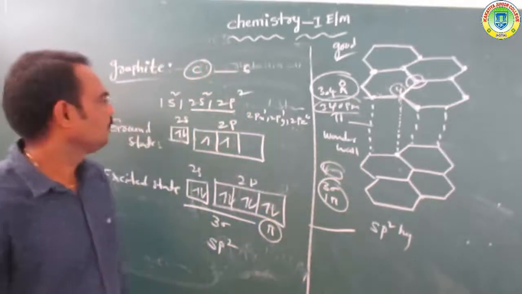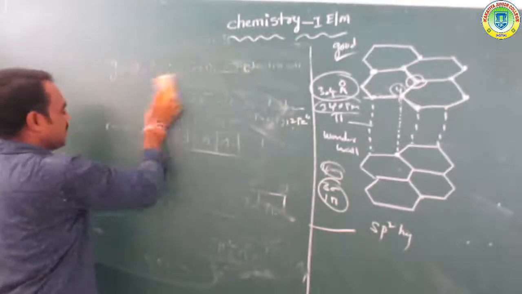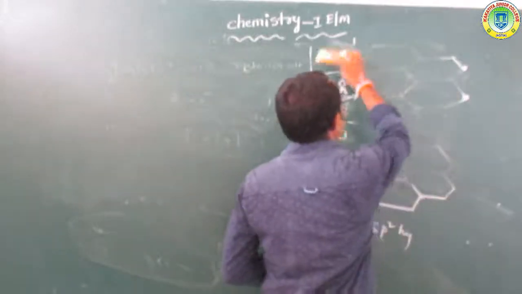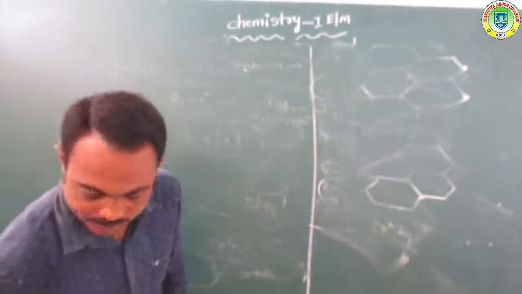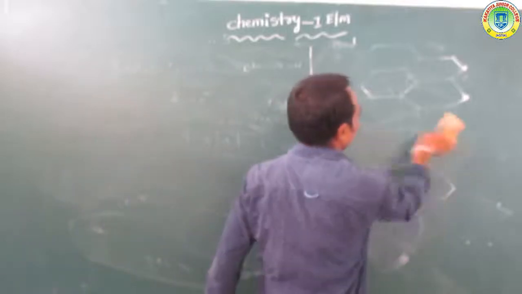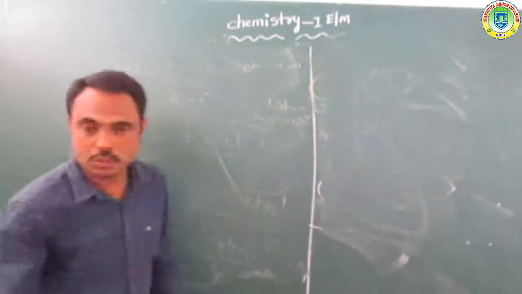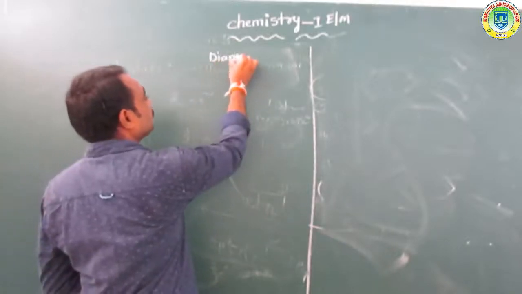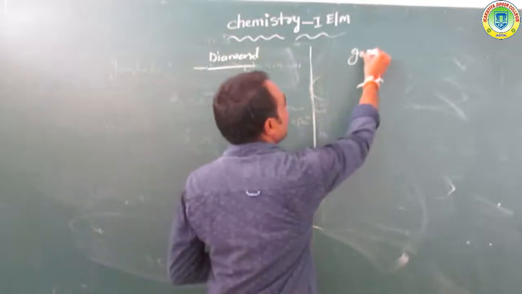What is the difference between diamond and graphite? Suppose it is a diamond, and next it is a graphite.